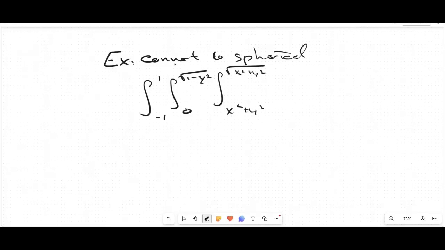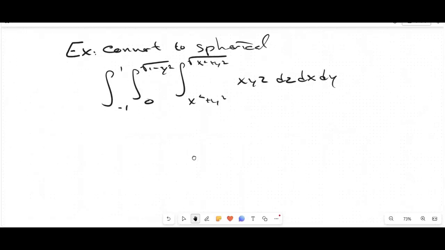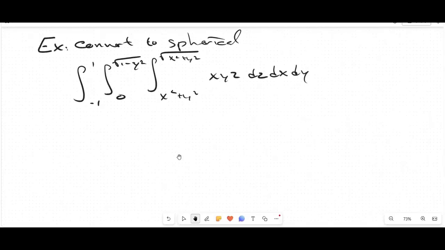They want us to integrate the function xyz, and the order here is dz, dx, dy. So that's an integral expressed in xyz Euclidean rectangular coordinates. And they want it to be re-expressed in spherical coordinates.